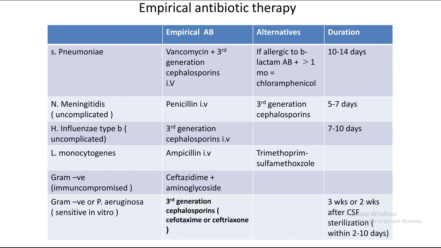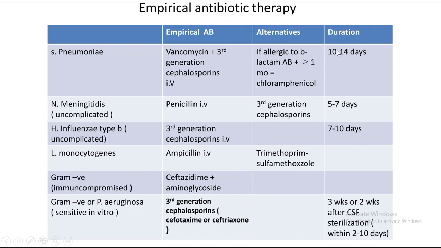So in cases of older children, we have to start a third generation cephalosporin like ceftriaxone and/or cefotaxime plus vancomycin. Vancomycin is added for the possibility, the 25% possibility, of beta-lactamase resistant Streptococcus pneumoniae.